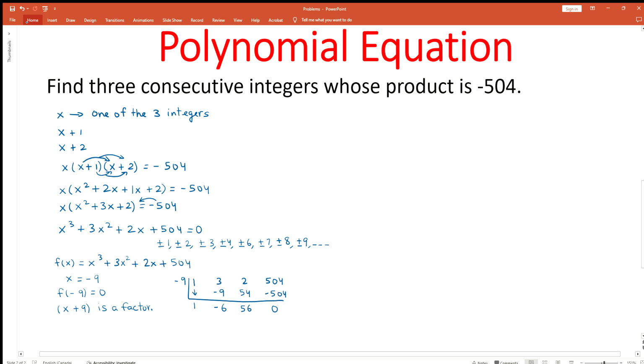The degree of the cubic polynomial is 3. The degree of the first factor x plus 9 is 1. So the degree of the quotient of this polynomial division is 3 minus 1, which is equal to 2. We use the first three numbers from the synthetic division to write the quotient. We assign x squared to 1, x to -6, and 56 is the number term. So we can write our equation in partially factored form.